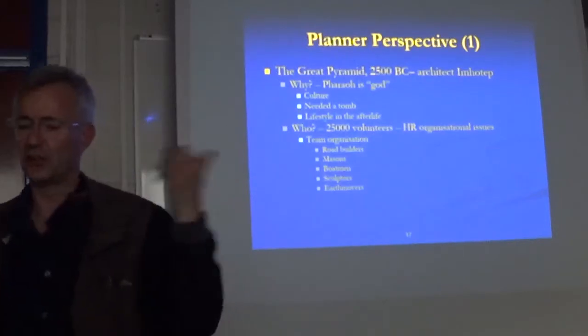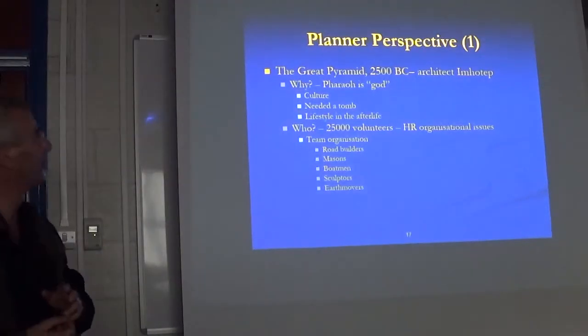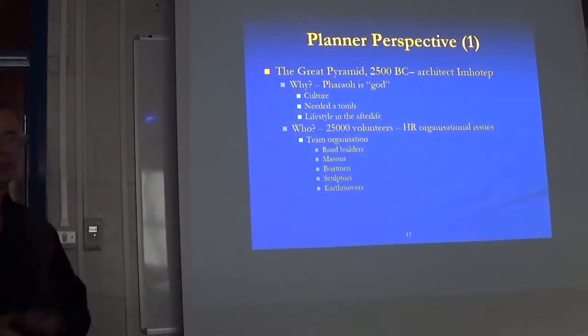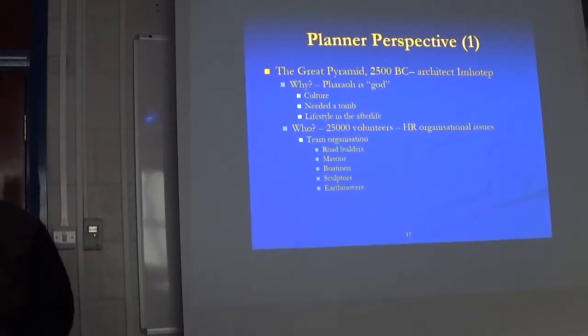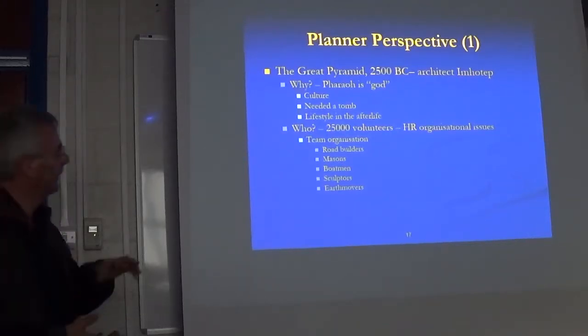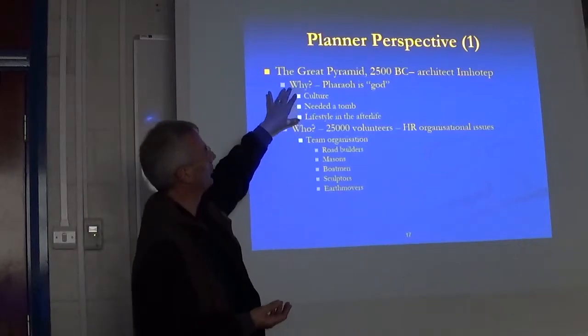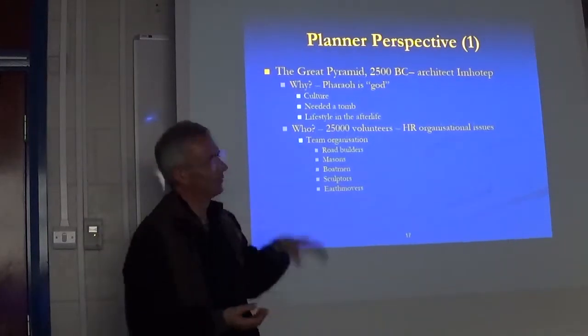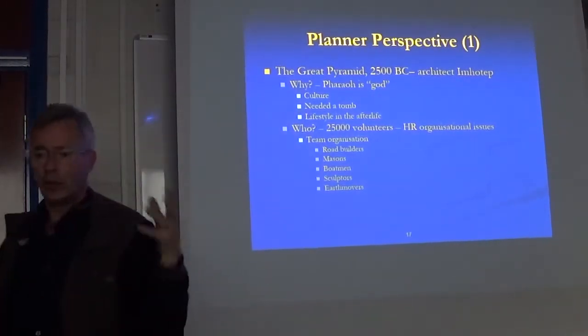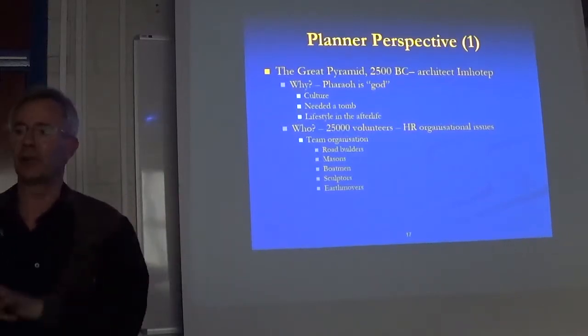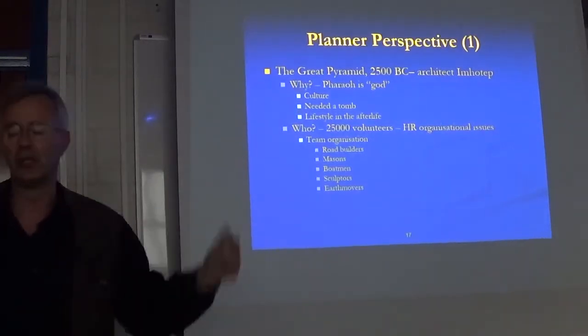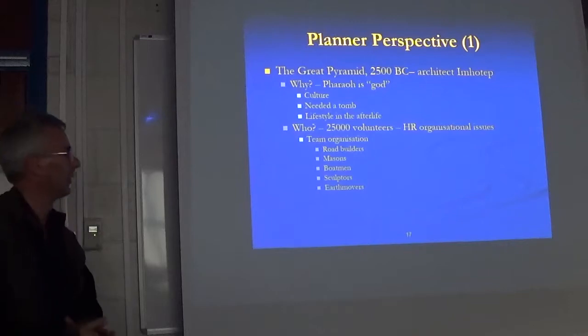And the first example in the book really comes from the Great Pyramid, which is what, 4,500 years ago. It helps us to understand a bit about the context. Why did they build pyramids? Well, the why question is because they considered Pharaoh the god, therefore they needed to do various things.